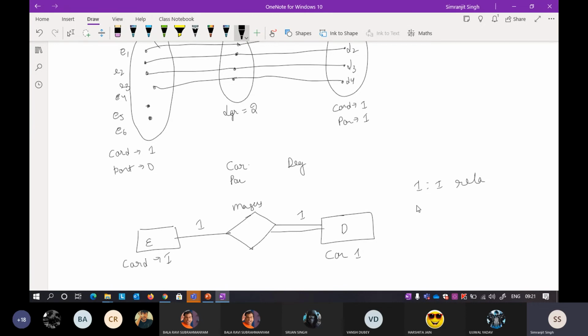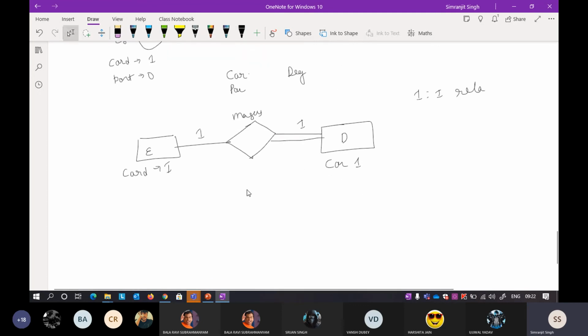Now what is the meaning of it? Every employee manages one department, and every department should have one manager. I'll write it so you don't get confused. Always write these kinds of things.